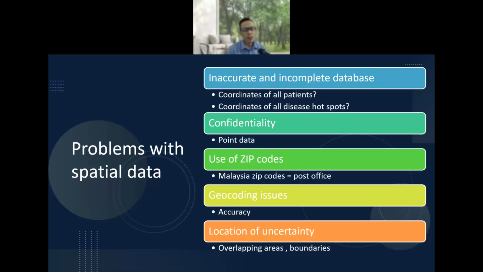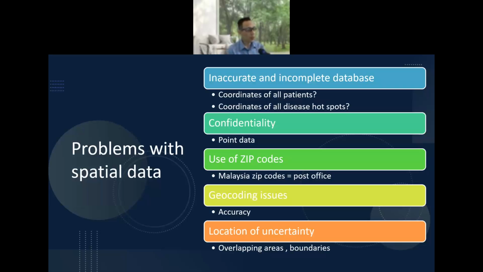Inaccurate means that sometimes when your staff is rushing, they do not calibrate the GIS tools very well.